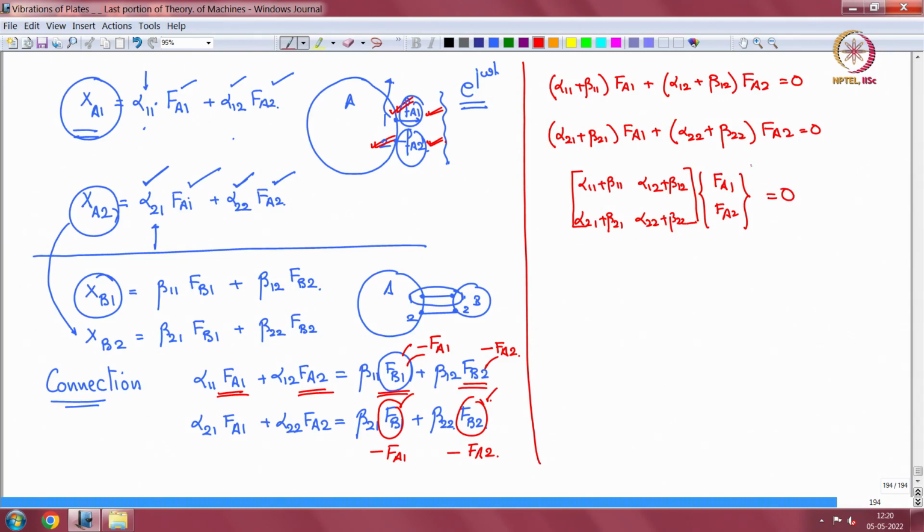For a non-trivial solution of FA1 and FA2, this matrix must be singular. That means its determinant is 0, and that gives the equation for new resonances.